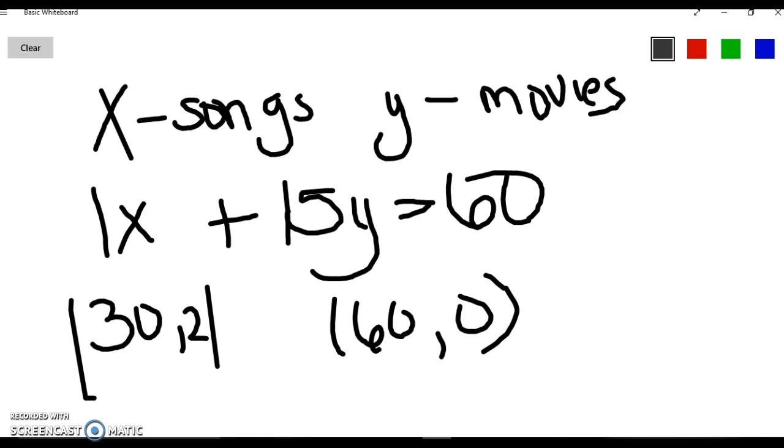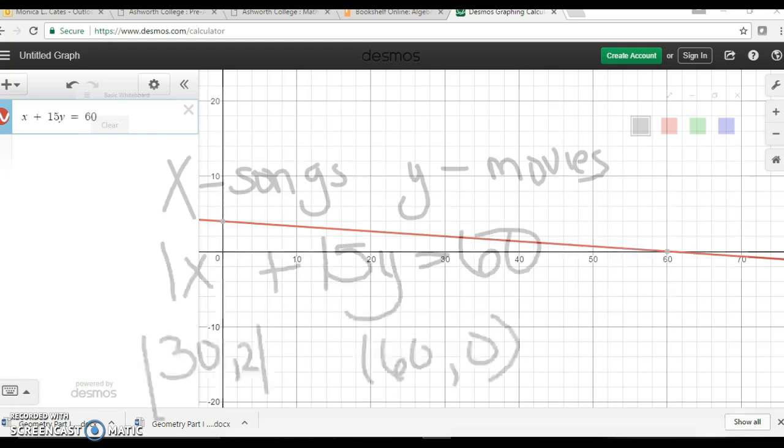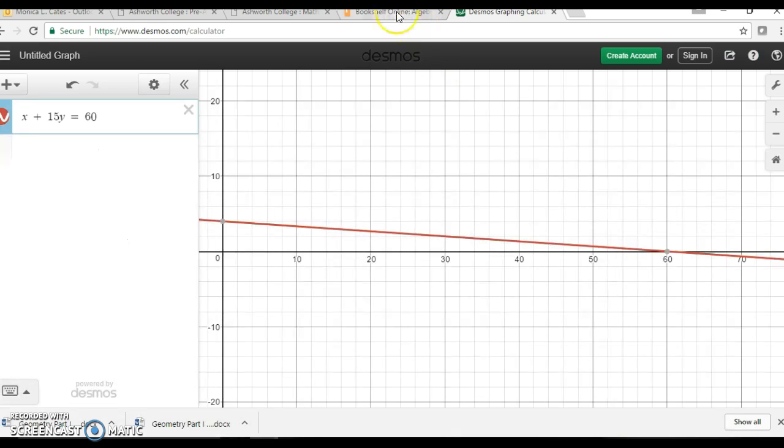Remember, x stands for songs and y for movies, so 60 songs, 0 movies. And I can choose 0 and 4, which stands for 0 songs and 4 movies. We can plug those values in and we see that they fit our equation also.